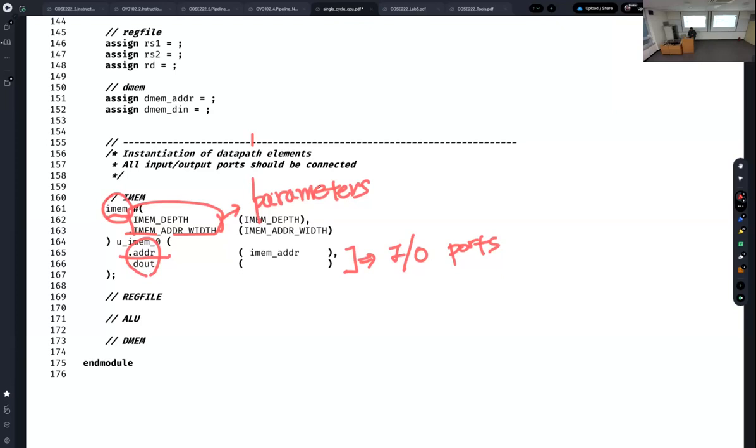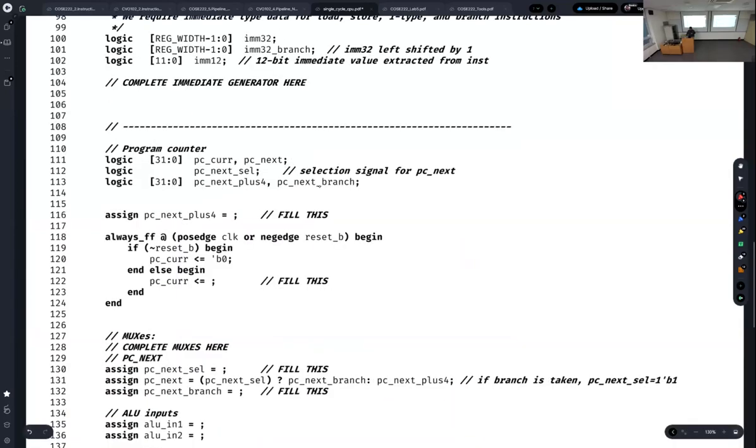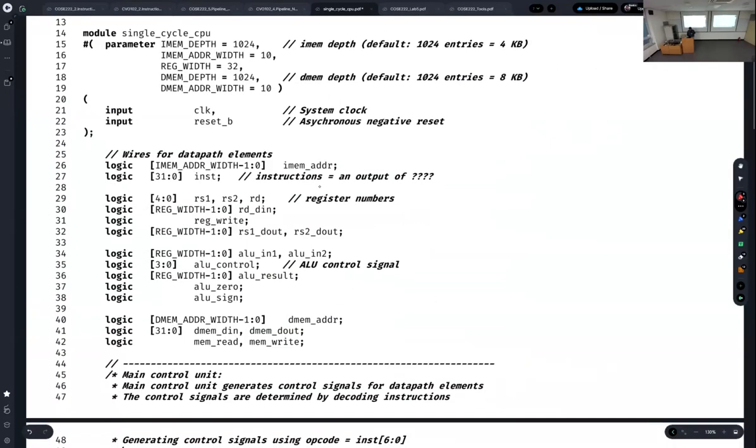What is this one? The output of instruction memory is instruction, right? So it is inst. You can find the inst here. The instruction is on the output of the instruction memory.